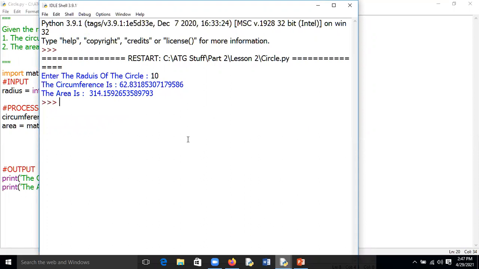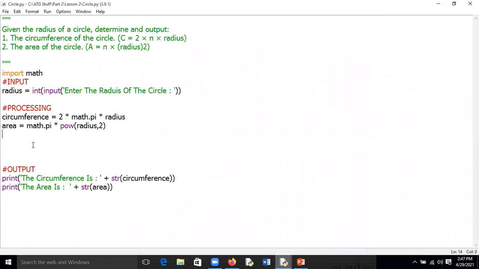We have to round both the circumference and the area, let's assume, to 2 decimal places, right? So come back here and I'm going to do something a little different now.